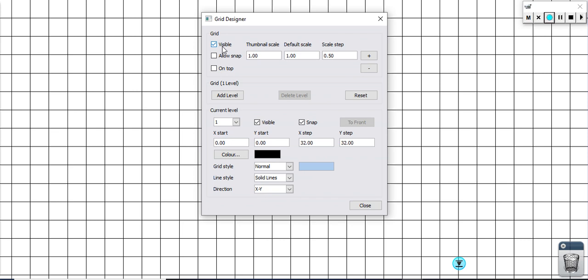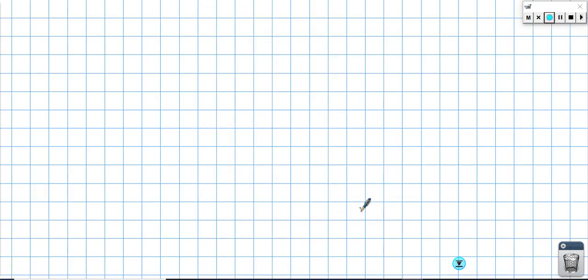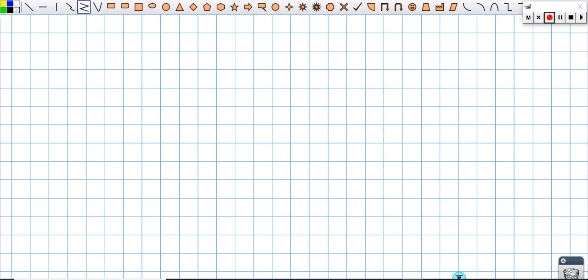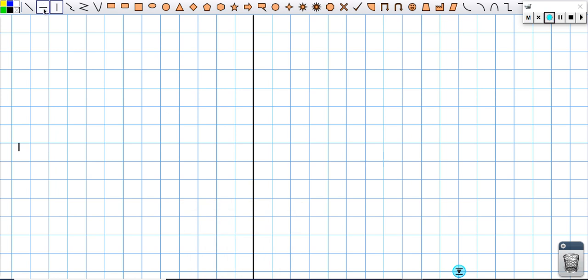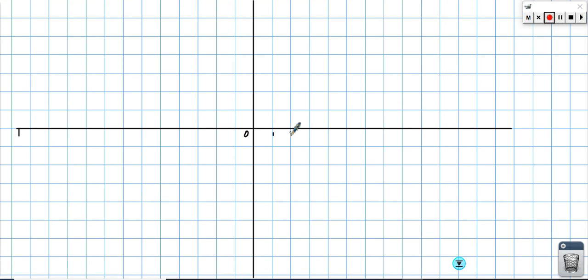So that's our grid. I'm going to draw the axes, the y-axis and the x-axis. I have 0, 1, 2, 3, 4, 5, 6, 7, then 1, 2, 3, 4, 5, 6, then 1, 2, 3, 4, 5, 6, and 1, 2, 3, 4, 5, 6, 7, 8.